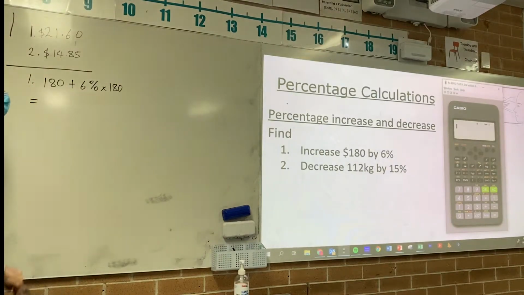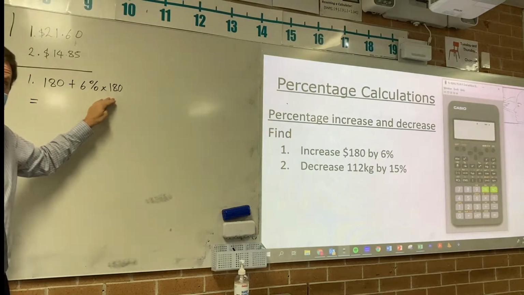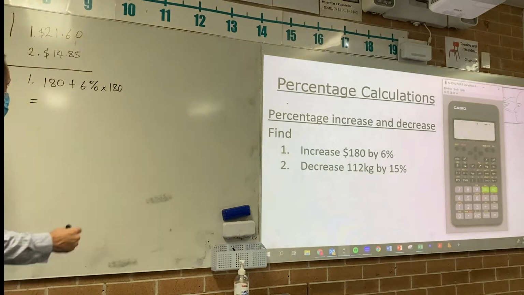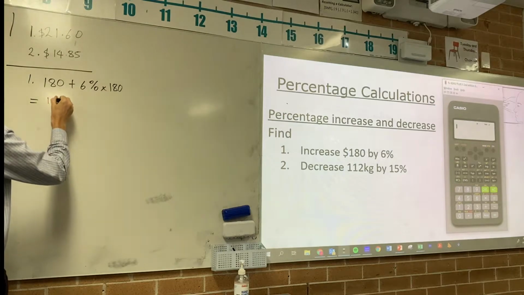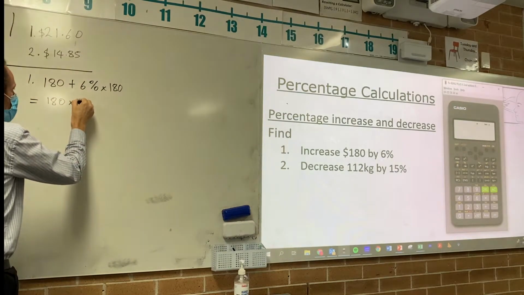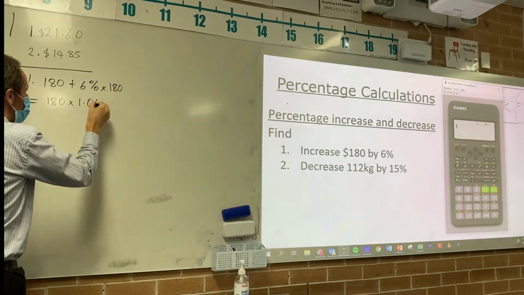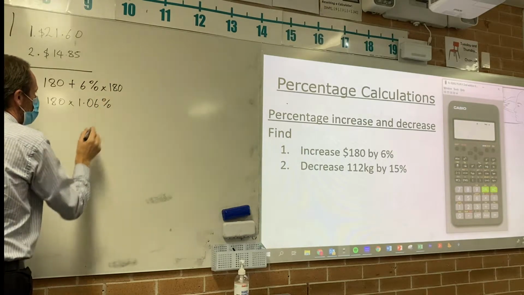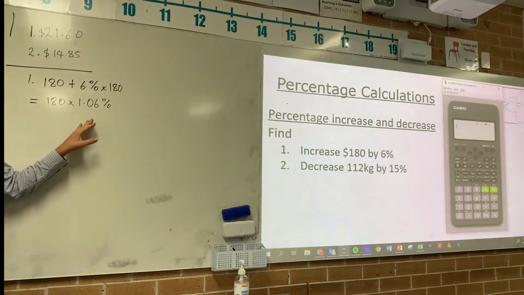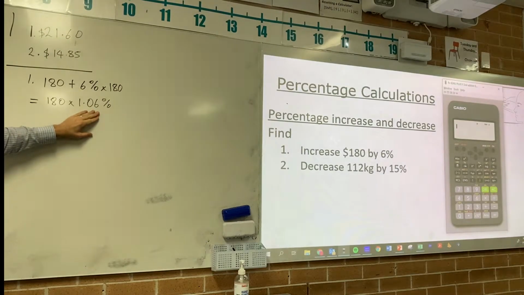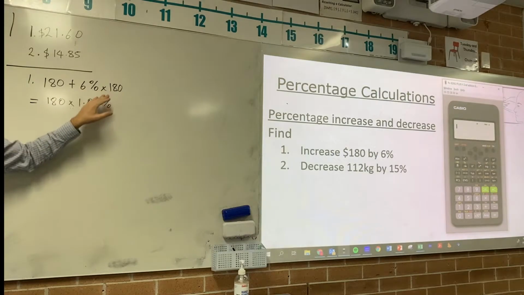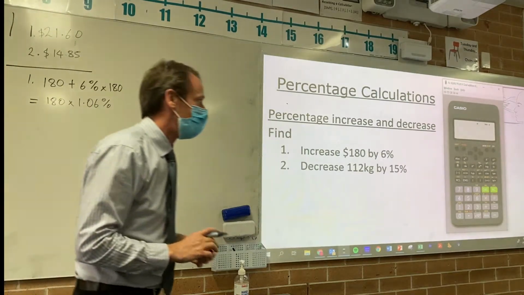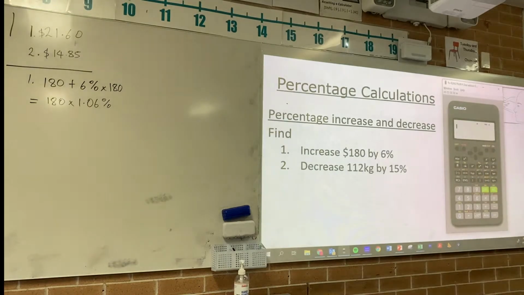Now, if you recognise and can factorise, which is what we've already done, you would actually recognise that's going to be 180 times 1.06, or 106%. That's a shortening of it. If that's where you stop, that's fine, just do that. But I can type both in my calculator and still get the same answer. So let's have a look.